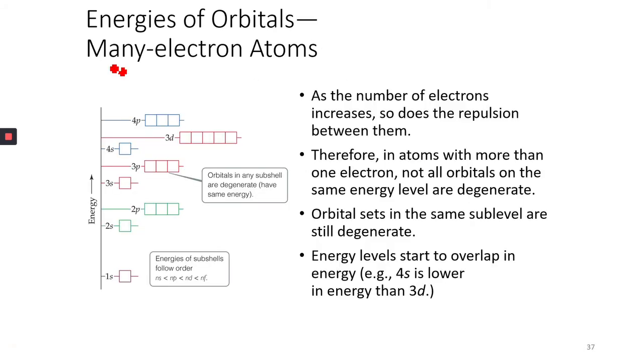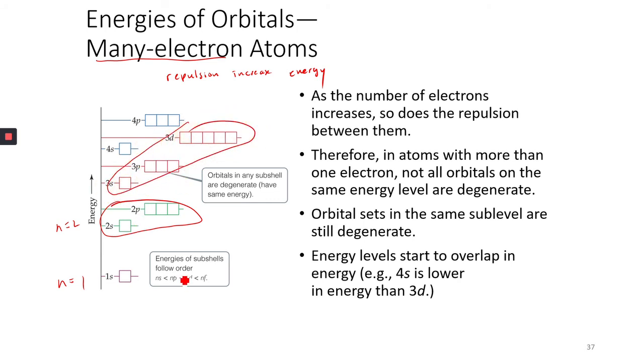Now, when you have many electrons, you're going to have repulsions. And repulsions increase energy. So here's your n equals 1, but notice your n equals 2. Your P is higher energy than your S. And n equals 3.